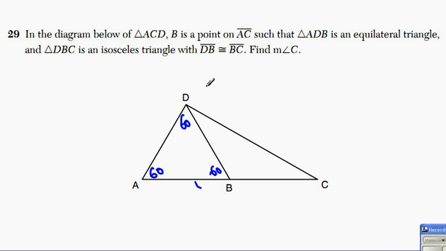At the same time, DB is equal to BC, which means this angle must be equal to this angle too. Now, by the supplementary angle, this is 120. That makes these two angles 30 and 30. Oh, okay, we got it. Angle C is equal to 30.